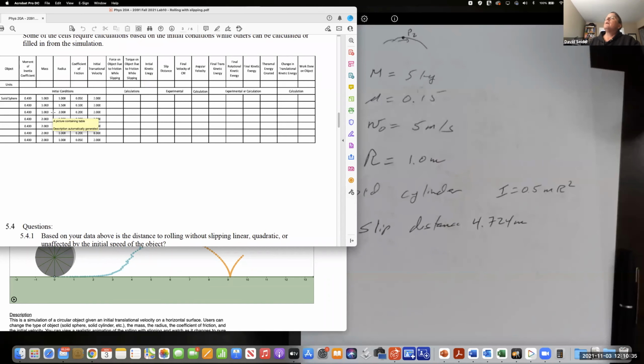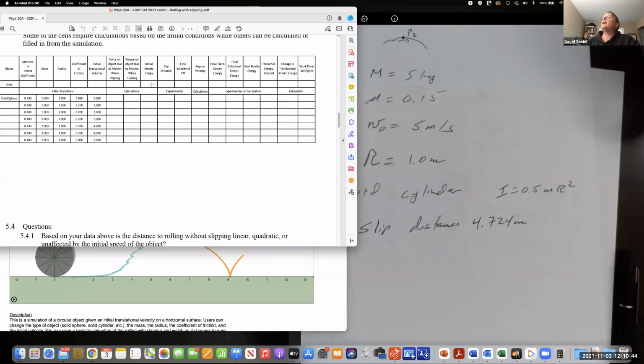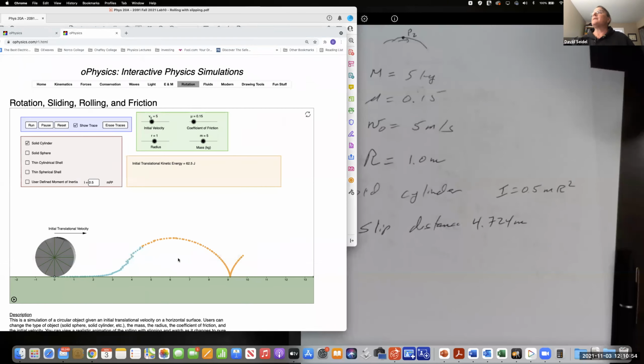You can calculate it. You can also get it off of here. This tells you the initial translational kinetic energy. We have the slip distance. You're going to determine that experimentally. You're going to look at the experiment. You're going to get the final velocity of the center of mass. It gives you all that.